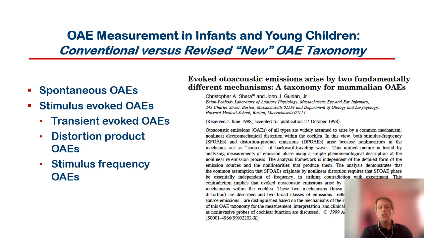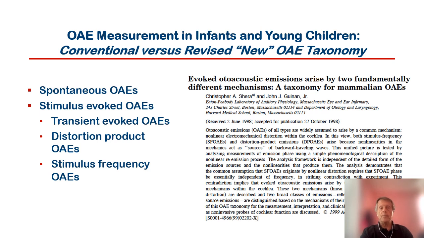There were basically two general types of OAEs according to this taxonomy. There were the spontaneous OAEs, which were always in the ear canal, even without a stimulus, in some people. And then there were the stimulus-evoked OAEs, where a stimulus was necessary to elicit the OAE.